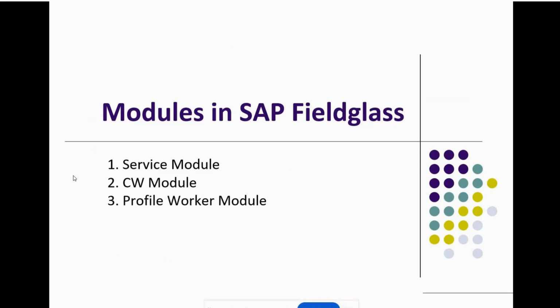I explained everything about what service procurement and the CW module are. Is anyone interested in letting me know a small difference between the service module and the CW module, if you remember? It's not like I'm calling out anyone, but the session should be interactive.